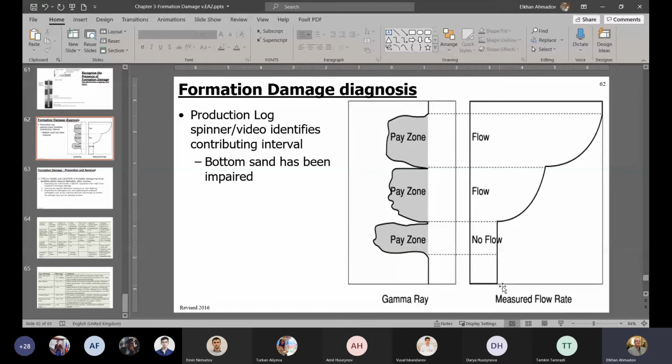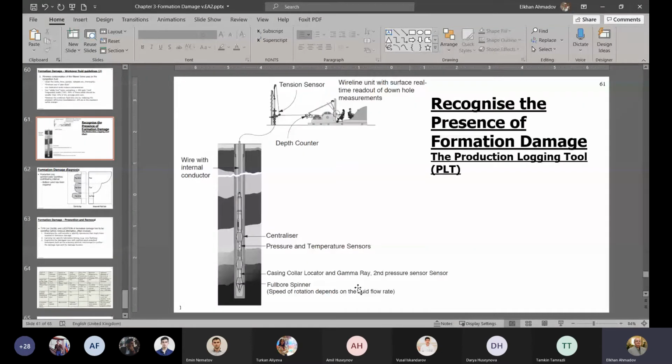This is the zero line, and this is some speed of the spinner, and this speed is equivalent to the pulling out of the well velocity. So it depends on how fast we run or pull this tool out of the well. Do you get that? Yeah.